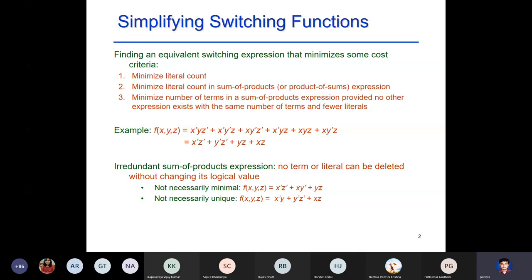I cannot drop it directly, but I can transform it to another expression which is smaller, which is again irredundant, but it's minimal. So minimal is a slightly different concept. It means either the number of literals or the number of terms is the least possible. So these three concepts are important: canonical, irredundant, and minimal.